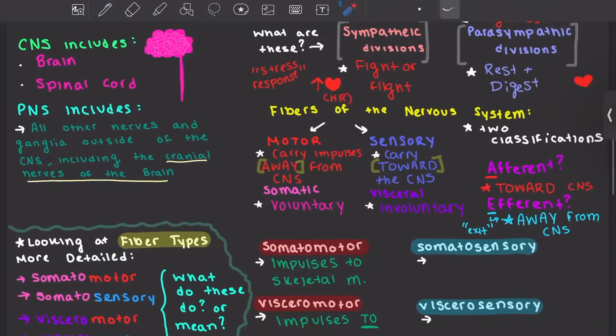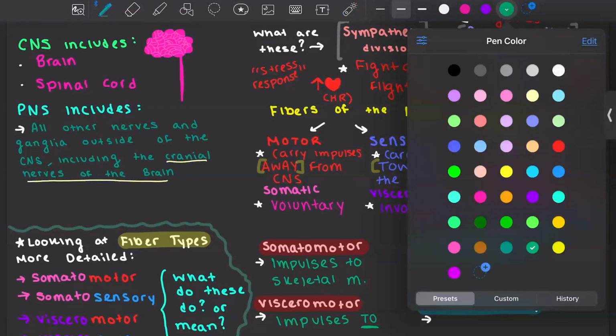So what about somatosensory, viscerosensory? And why do I have these in blue and these in red? Well, I always like to write things in color codes. So motor is going to be away, sensory is going to be towards. I don't know why I picked those colors for this video, but that's just what I did.